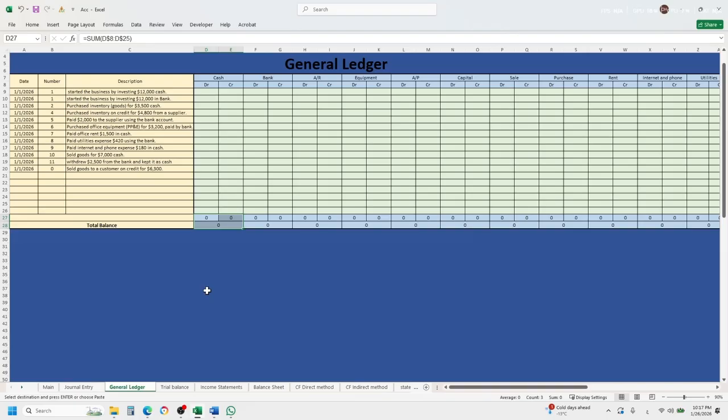So the one who reads statements or tables knows what you entered by yourself and what result is from a formula. The first one: start business, investing 12,000 in cash, 12,000 and capital 12,000. Also for the bank, the second journal entry, 12,000.